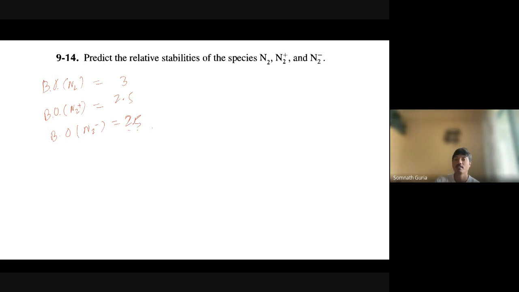Now the stability will be N2 greater than N2 minus. This is the stability order. We have to just explain it by calculating the bond order of each molecule. Okay, this is the problem.